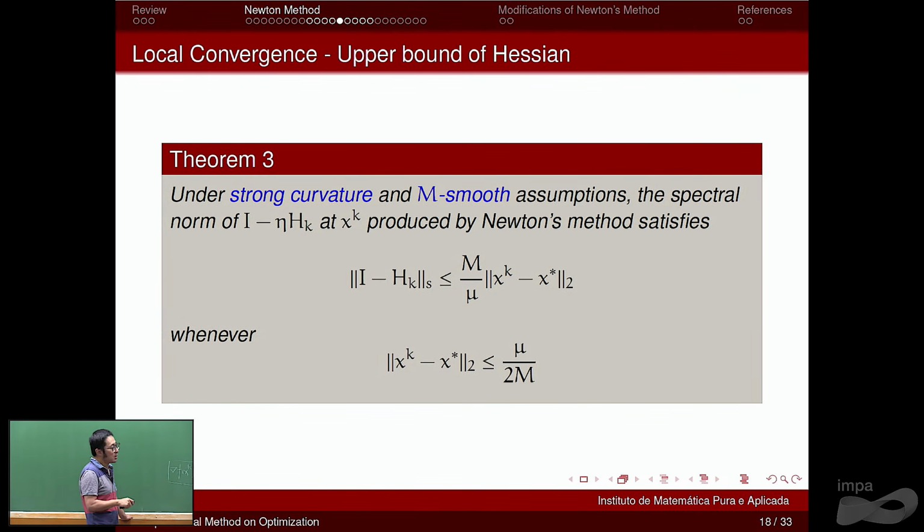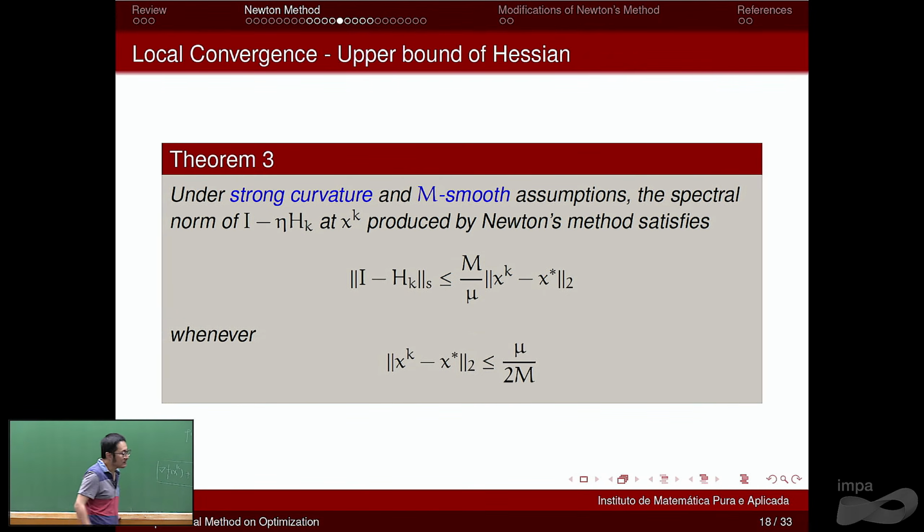Then the spectral norm of the matrix I minus hk, where xk is generated by the Newton method, satisfies this inequality: it is less than M over mu times the norm of xk minus x star.